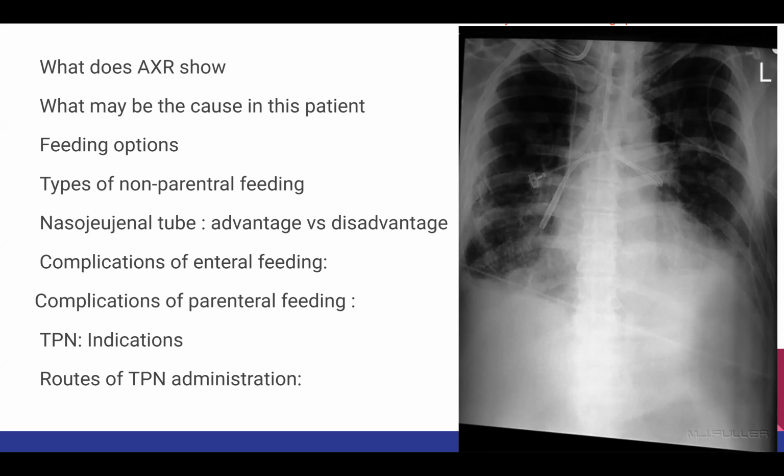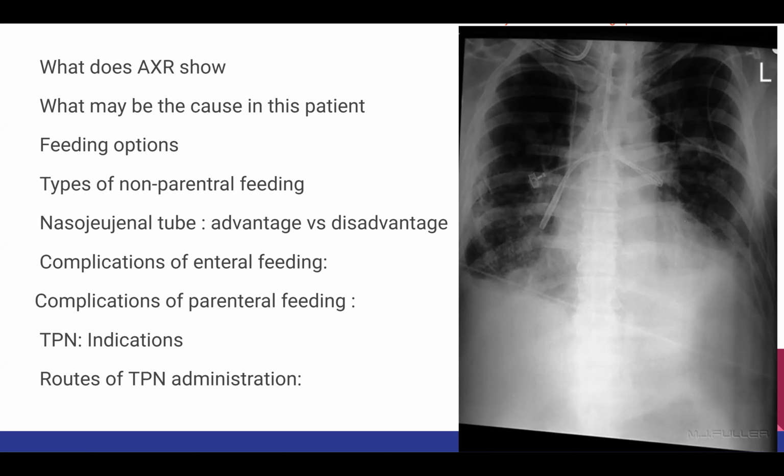This can lead to leakage of the anastomosis and any infection. It can also lead to aspiration, leading to aspiration pneumonia, if the patient is bedridden. And what are the complications of parenteral feeding?